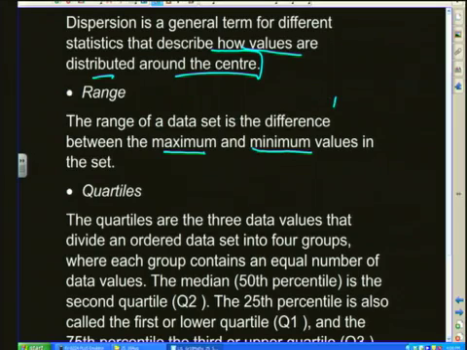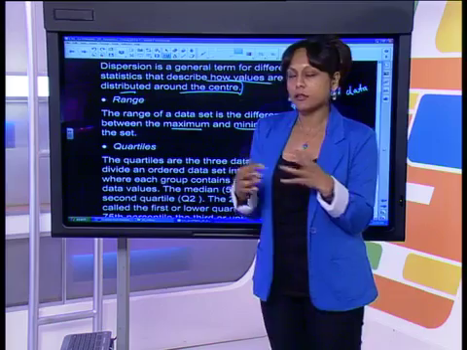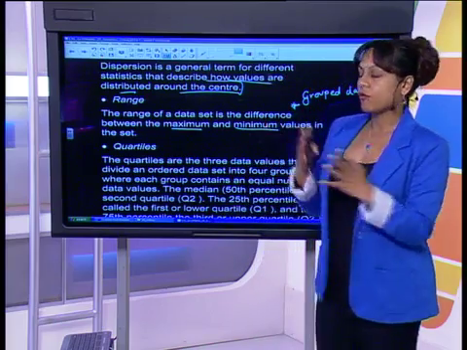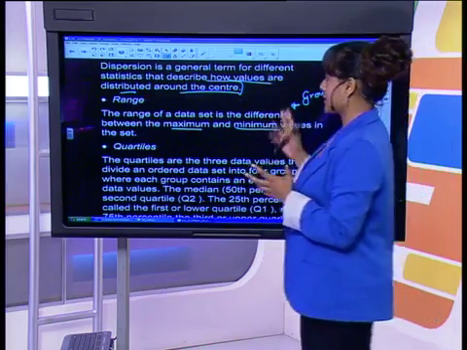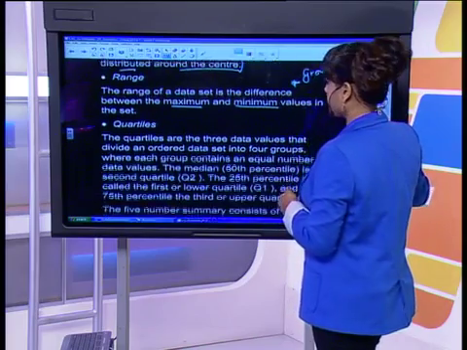Now, while we're on this point, when you're looking at grouped data, it's not possible to find a range because remember your grouped data has been arranged into class intervals, and it's not possible to then work out your range for your grouped data. Okay, so just bear that point in mind.